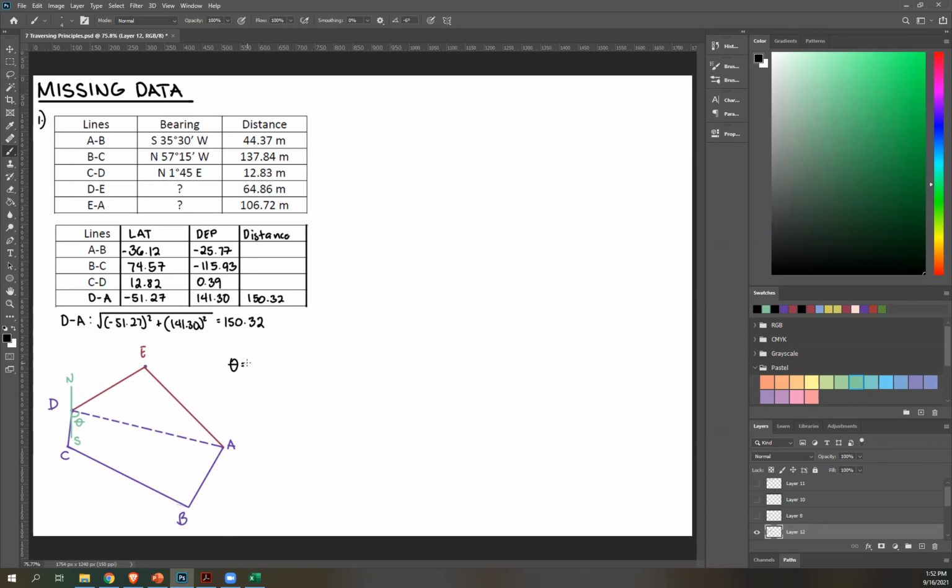Recall, if you're given the x and y components, or latitude and departure, theta is just arctangent of departure over latitude. So that's arctangent of 141.30 over 51.27. Give me the answers in degrees, minutes, seconds. Correct, Geraldine?